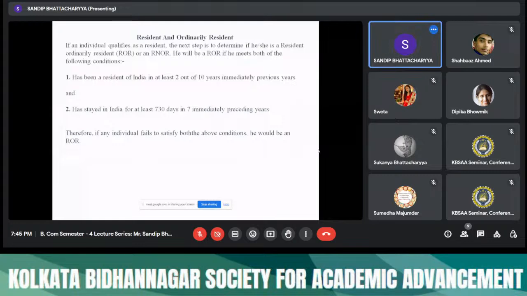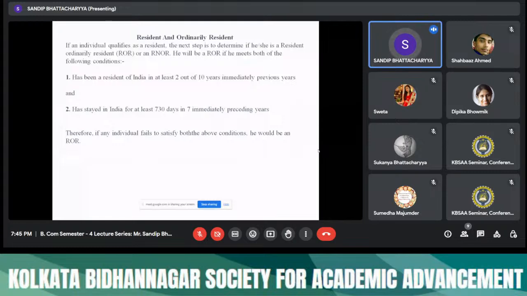That means you should have satisfied the basic condition in a minimum of 2 financial years. So out of 10 financial years, you should have to satisfy 2 financial years for the resident of India.